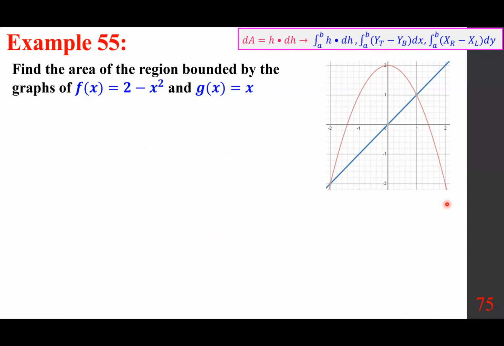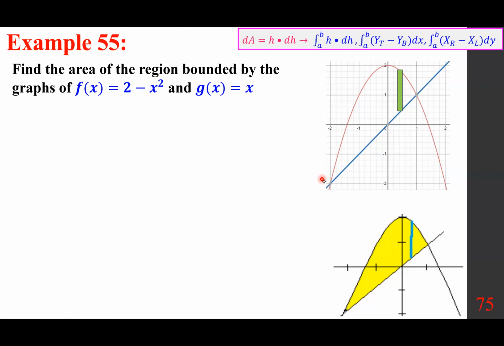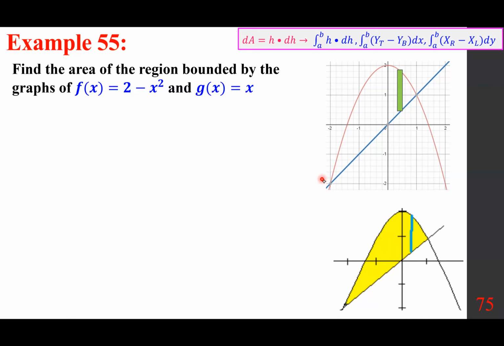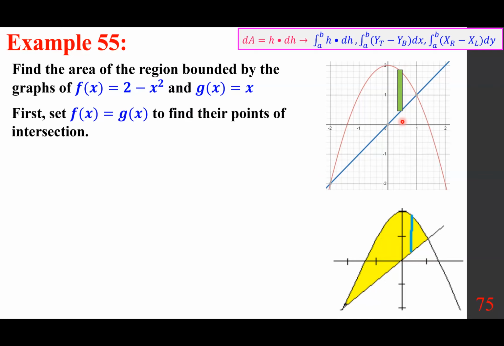So we're going to set the two equal in order to find the points of intersection. And this is a typical rectangle: y of the top minus y of the bottom and so forth. So let's find points of intersection. You set it equal, and let's bring everything to the right because I want to make this positive.